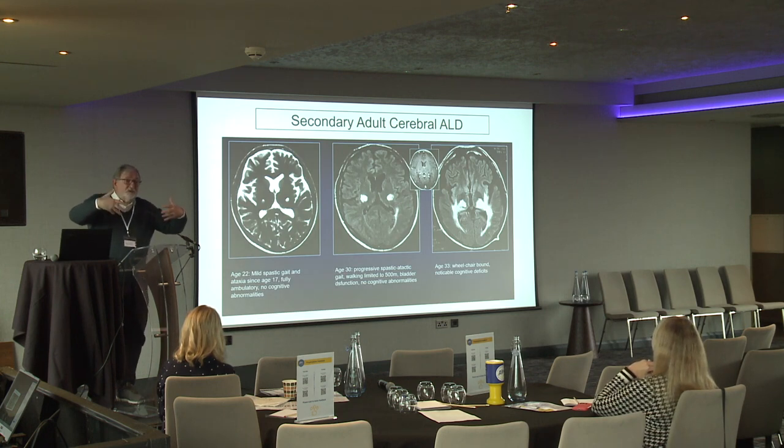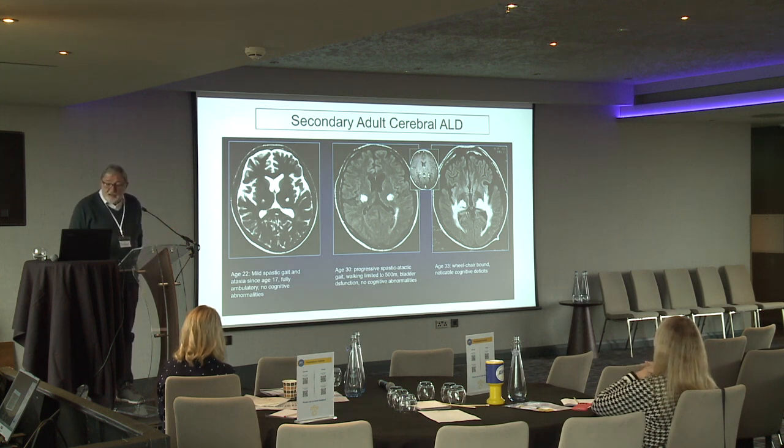So this is the primary cerebral ALD, but more frequently we see a progression of cerebral ALD from AMN. This patient, for example, started at age 22 with a mild spastic gait ataxia. We had some symptoms already at age 17. So he's a long-term AMN patient.